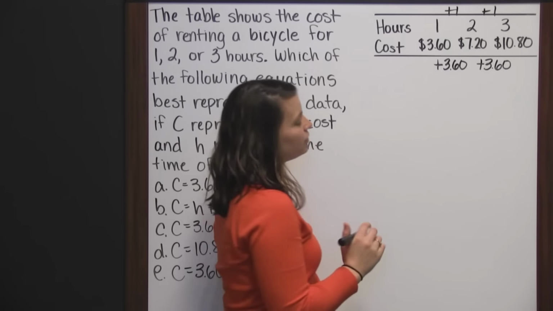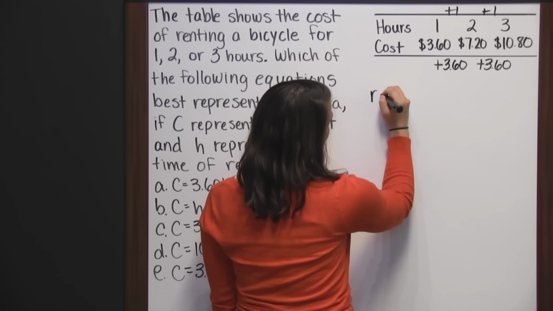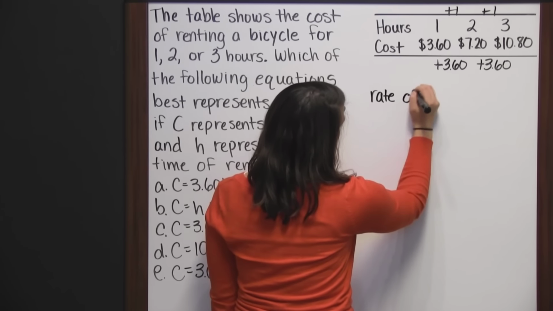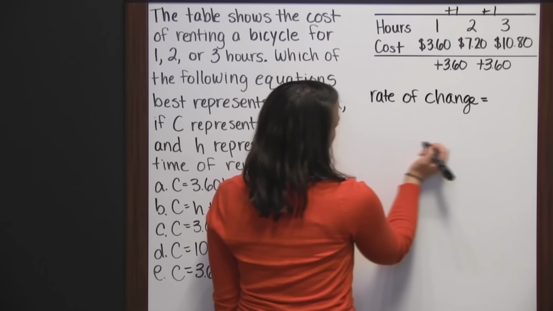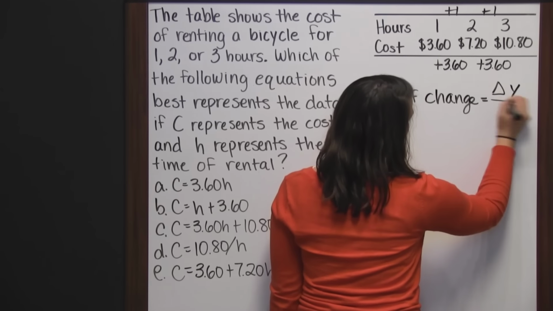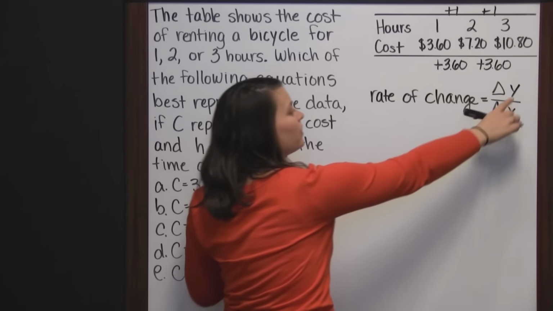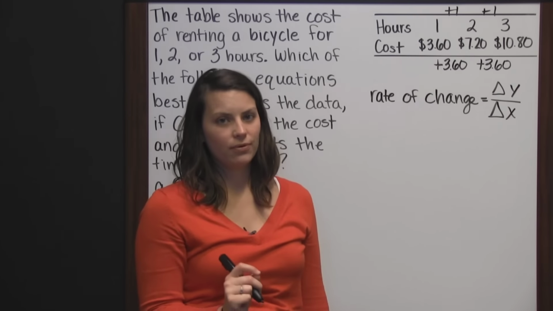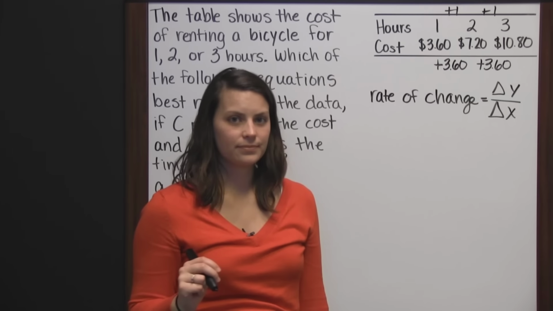So to write my function rule, I simply need to find my rate of change, which is the change in Y divided by the change in X. Y is the dependent variable, whereas X is the independent variable.